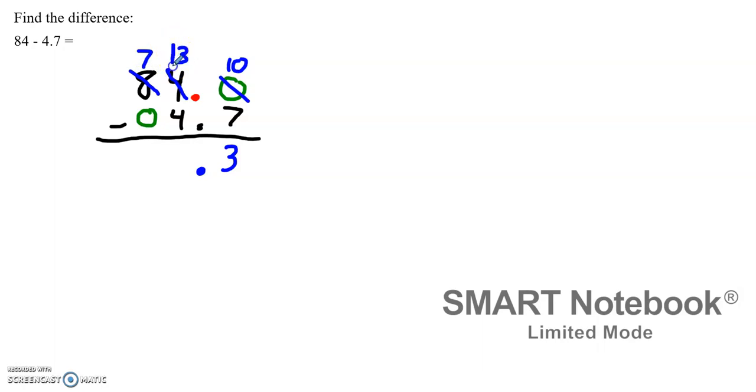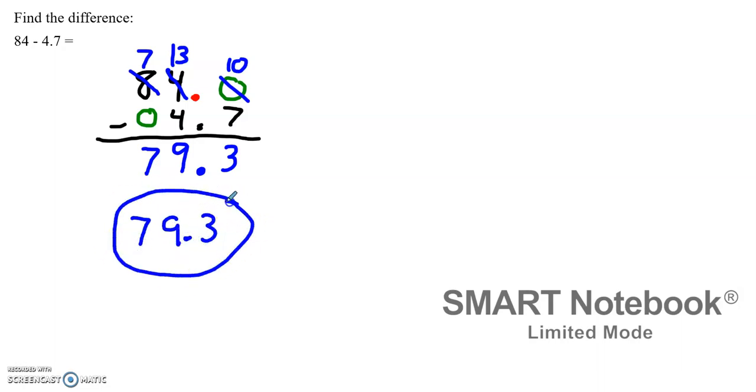The 3 now becomes a 13 because I'm adding 10 to the 3, and that's how I got 13. 13 minus 4 is 9. 7 minus 0 is 7. So my final answer here is 79 3/10. I want you to pause this video and write this in your notebooks.